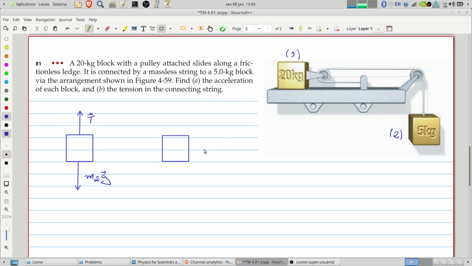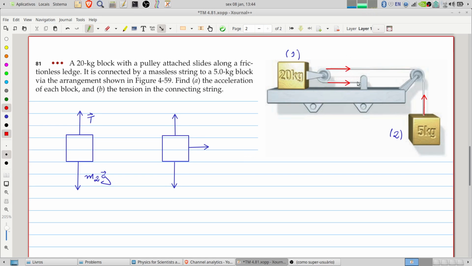And we have, of course, the weight also, the reaction of the surface, and the force due to the string, or the strings in this case, because here we have one string and here we have two tensions in the string.